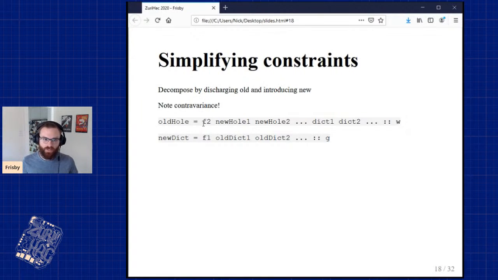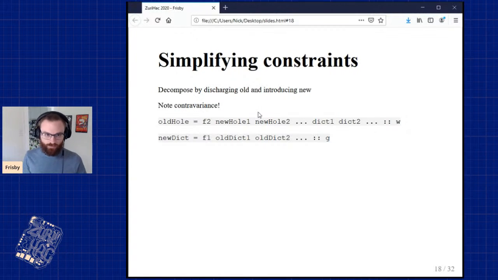And in order to simplify that, we need to create some new wanteds that are simpler, and maybe take some of the given dictionaries for the given constraints we have, and somehow combine those evidences, the evidence for the givens and the hypothetical evidence for the new wanteds we're going to make, and then create evidence for the old wanted. Once we do that, we can discharge the old wanted and then just present the new wanteds as our new goals.